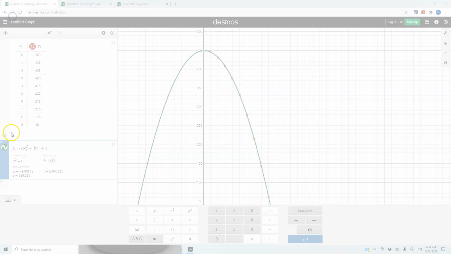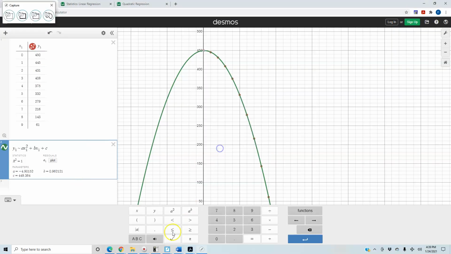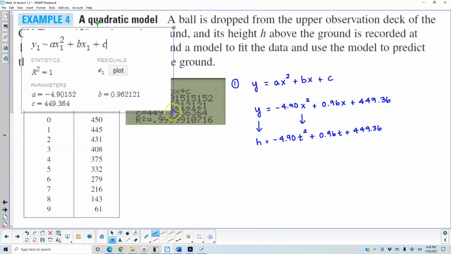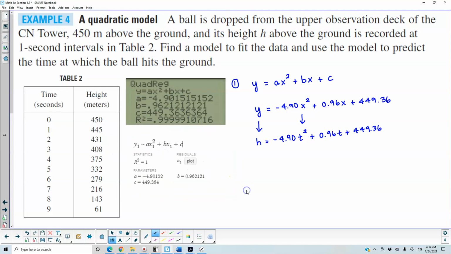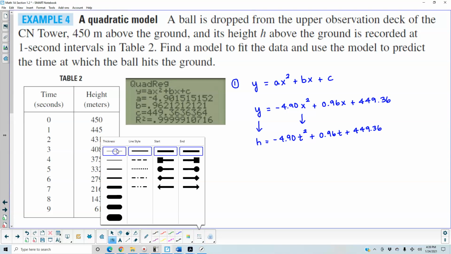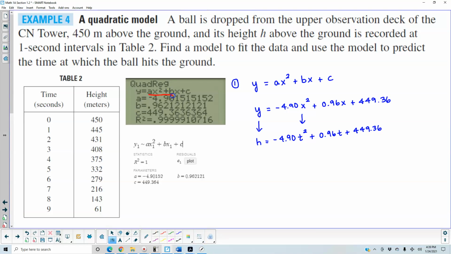If I copy this information into my page, you will see that it gives us the same information for a. So in Desmos and in the TI-83, there is a, and there's a as well, and b is 0.96, and there's 0.96, and then 449.36, and there are your values.